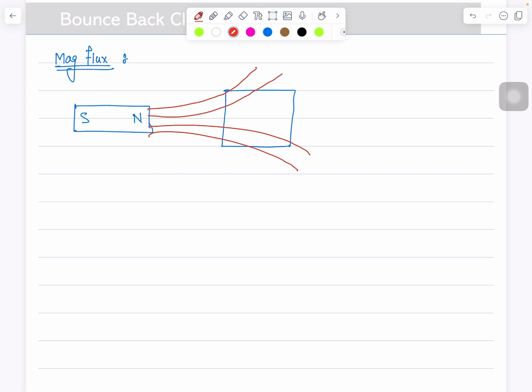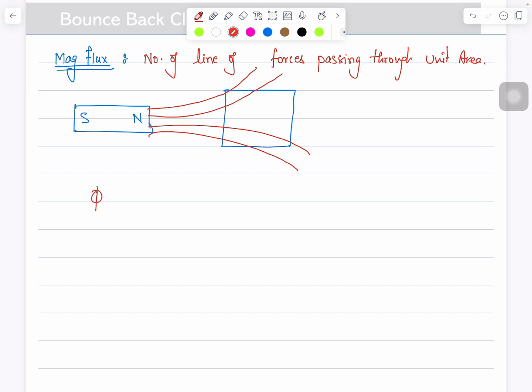How many lines of force are passing? That is called magnetic flux. So the number of lines of force passing through unit area. Clear?